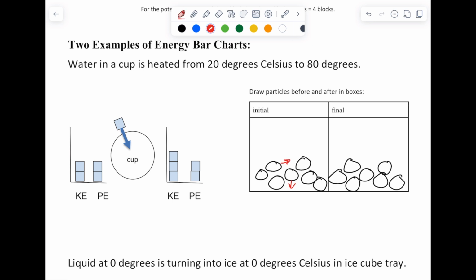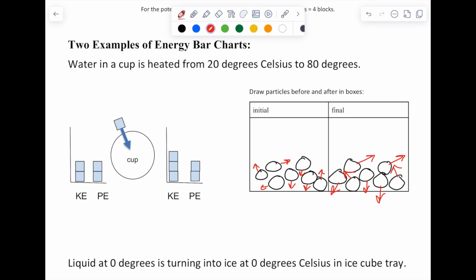So I'm going to do that with arrows. See on the left there, I have short arrows. On the right-hand side, I'm going to put larger arrows to represent more movement of particles. So it is still water before, and it's still water after, but I want to show that the water has changed from 20 degrees to 80 degrees by having faster moving particles.